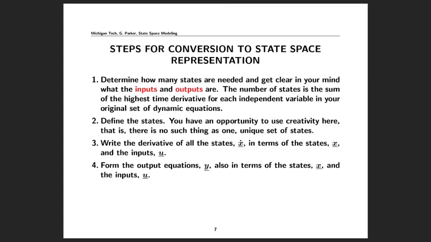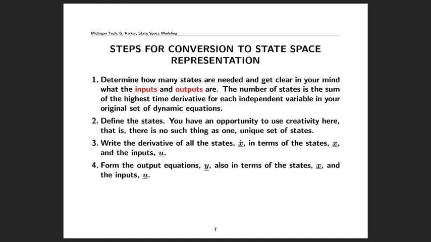Then you scan over those dependent variables and notice the highest derivative that they appear in. So let's say we had a theta1 triple dot and then a theta2 4 dots. Okay, so we have a total of 7 dots, and so you would need 7 states to represent that dynamic system.